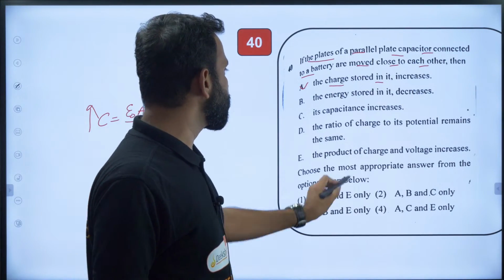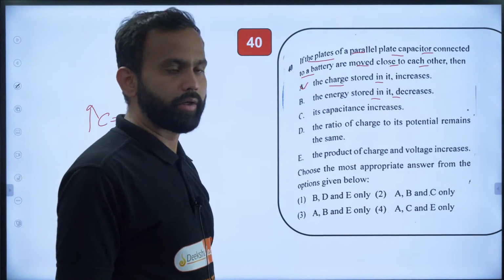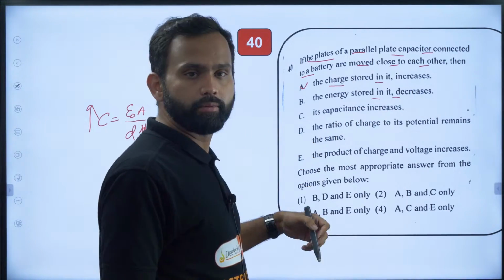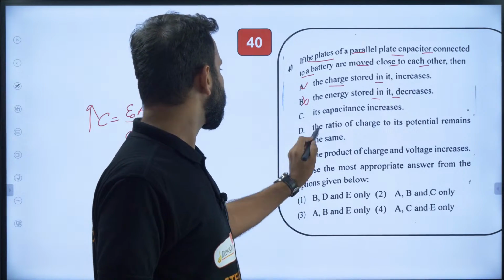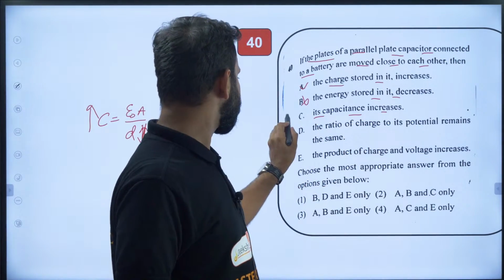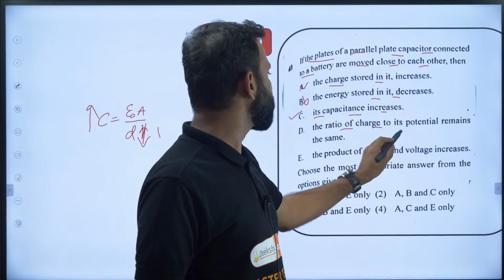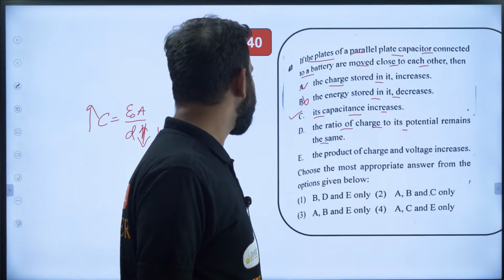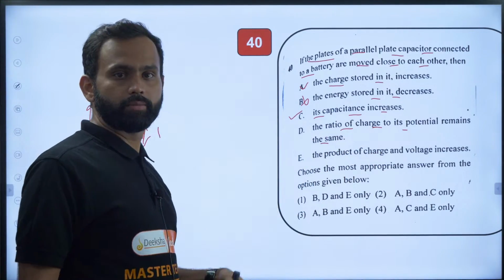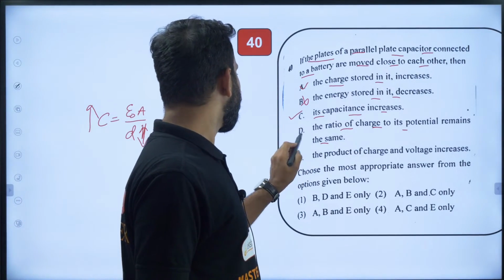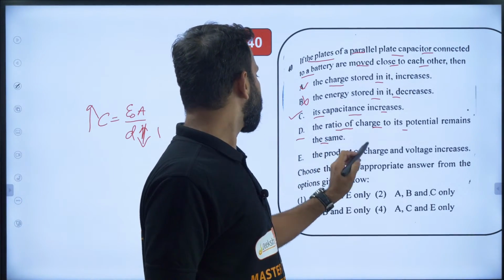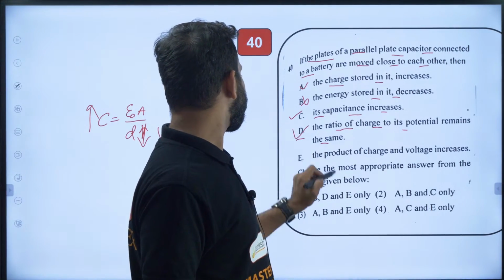B, the energy stored in it decreases. Wrong. Energy stored will also increase. So statement B is wrong. Statement C, its capacitance increases. Correct. Statement D, the ratio of the charge to its potential remains same. The ratio of the charge to potential will increase because charge is increasing, so this statement is correct.